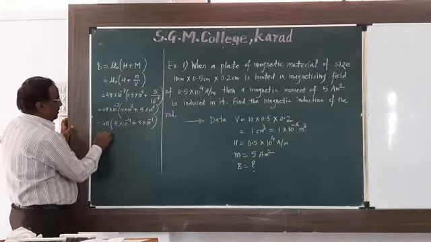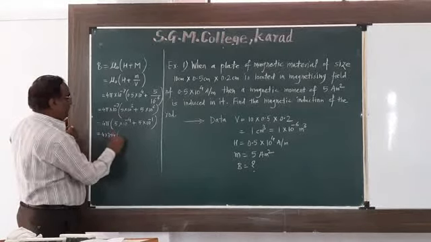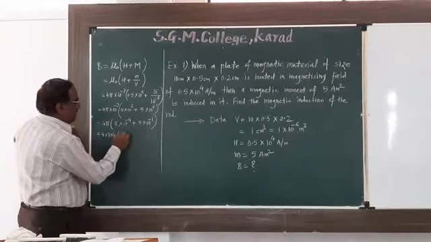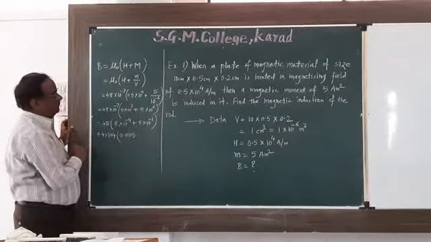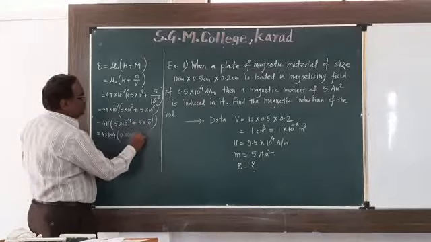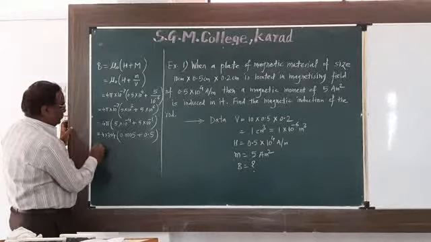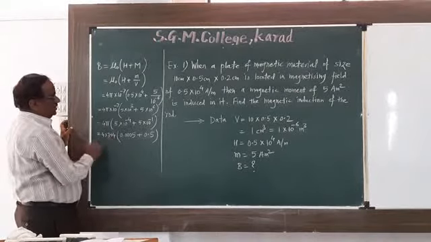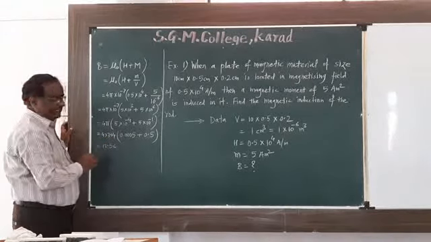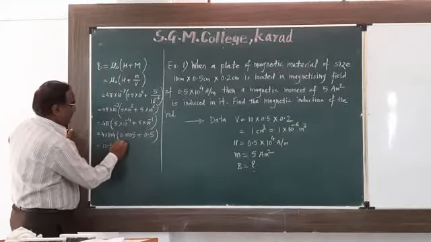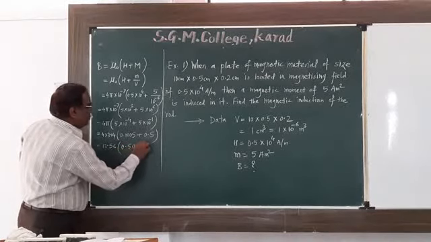4π. 4 into 3.14 is 12.56. 5 × 10⁻⁴ means 0.5 × 10⁻³... and 5 × 10⁻⁵ is 0.5. Add these two, and we will get 0.5005.